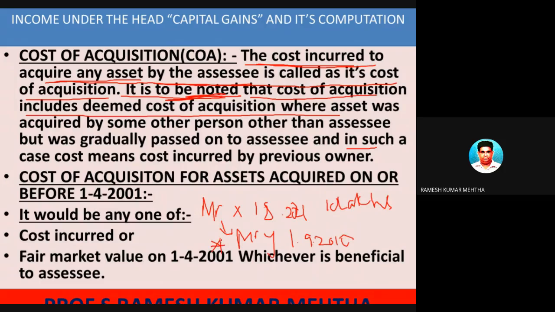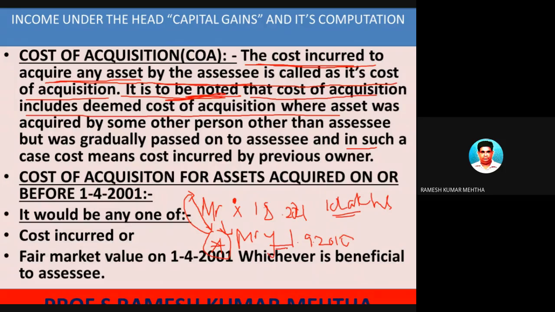So now Mr. Y has not purchased. So who has purchased it? Mr. X has purchased it, and he is transferring or gifting the house property or the land to Mr. Y. So the cost of acquisition of X is 10 lakh rupees.